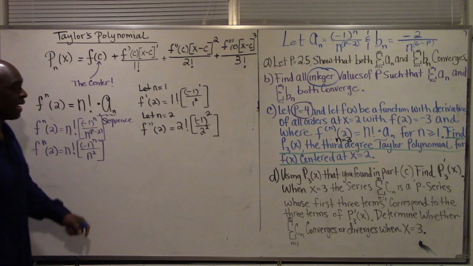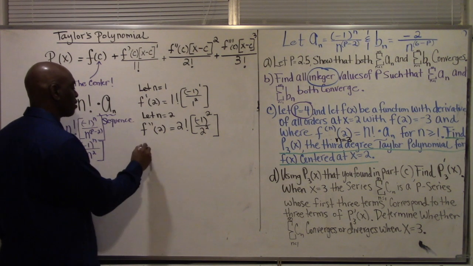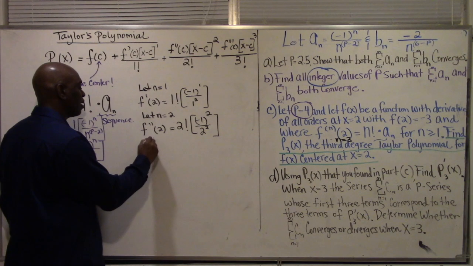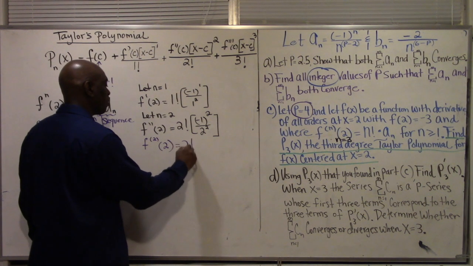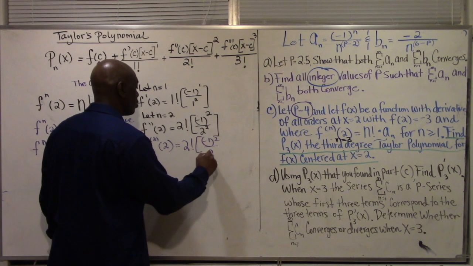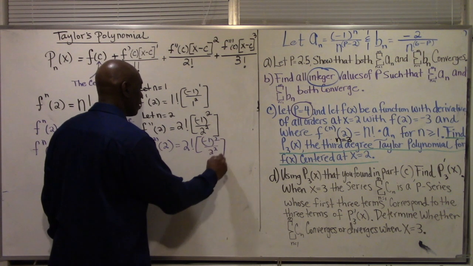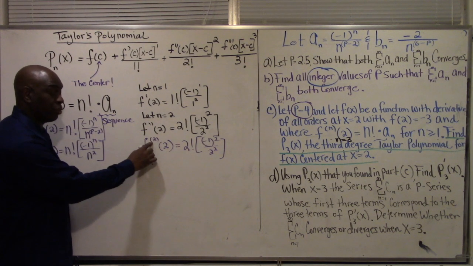Now, bear in mind, I could have written it like this: f of 2 equals 2 factorial times -1 squared over 2 squared. I didn't have to write double prime, I could have just put the 2 there.